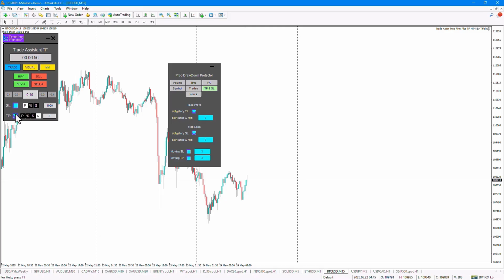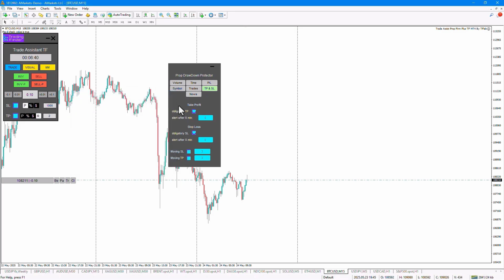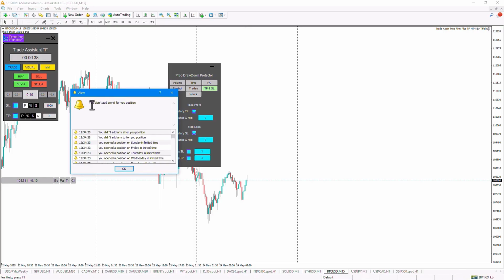For example, here I disable the stop loss and take profit and activate the two options for take profit and stop loss limits here. If I enter a trade, a warning will be issued for me. Here, the warning is displayed. And it tells me that I haven't set a stop loss for the trade I executed.